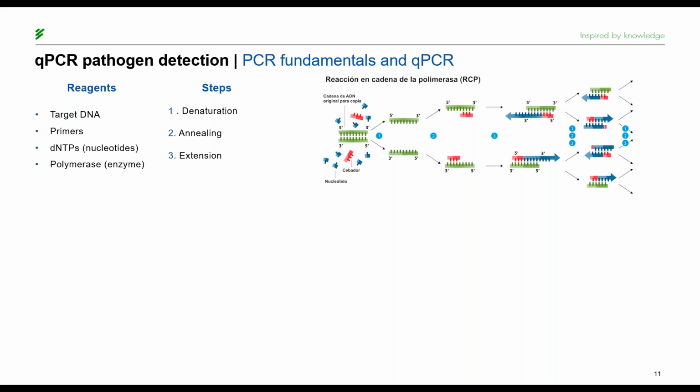These cycles have several temperatures related to these stages, the steps of the process: denaturation, where the DNA strands are separated; annealing, where the primers bind to the target DNA; and then extension, where the polymerases are incorporated using the primers and synthesize the chain of complementary DNA. The main difference between a PCR and a qPCR is that in the latter, there is a fluorescent label that allows the reaction to be quantified as the PCR reaction progresses. And for this reason, it is also known as real-time PCR or qPCR for quantification.